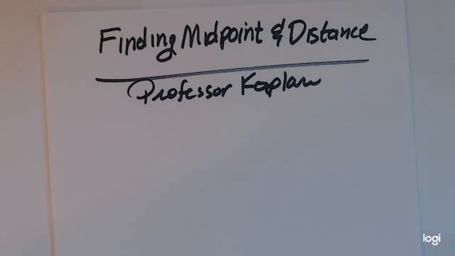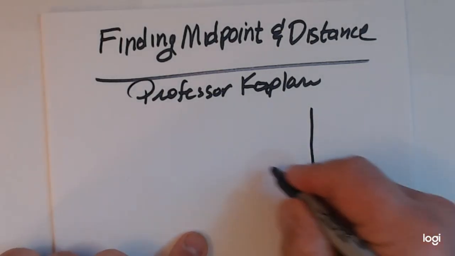Today we're going to find the midpoint of a line, and we're going to find the distance between the 2 points. So let's just get right at it. Let's say we have 2 points on a graph.